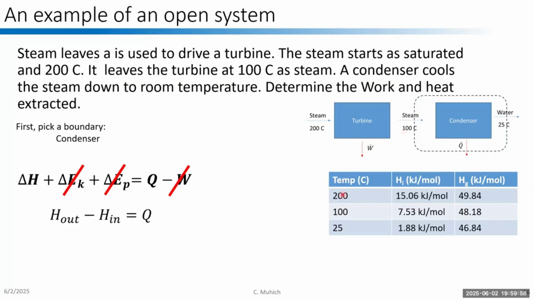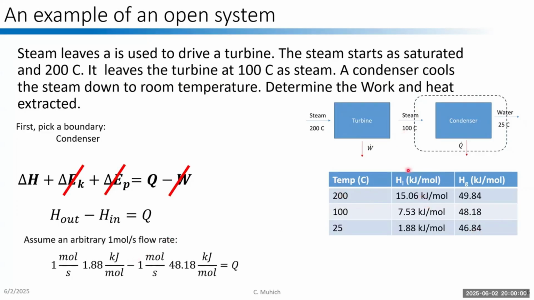I can go again with my basis. What's coming in is steam, so I use this gaseous quantity, 48.18. And then what's leaving is water at 25 degrees C. I use the liquid water portion. I plug that into my equation.